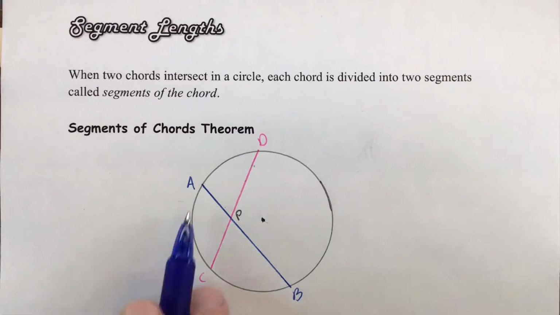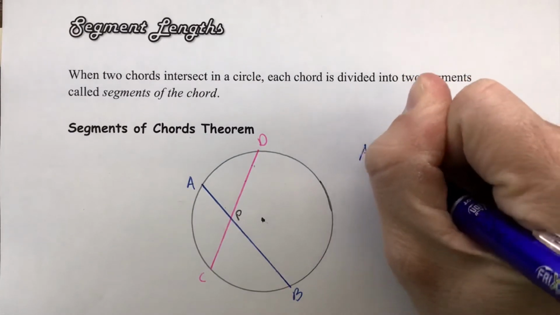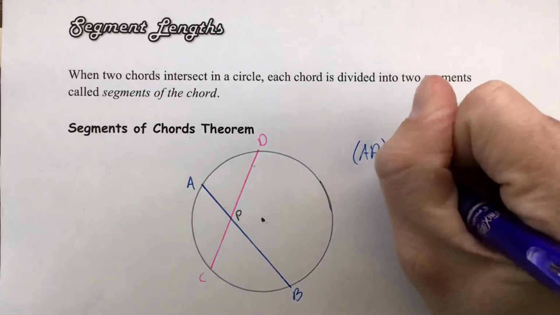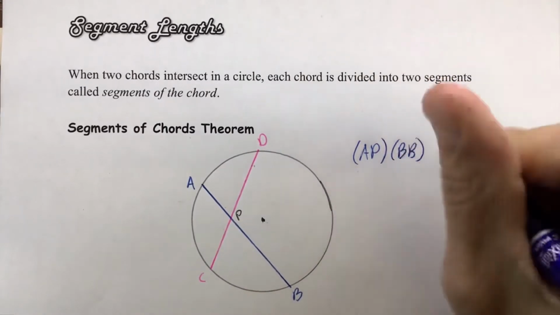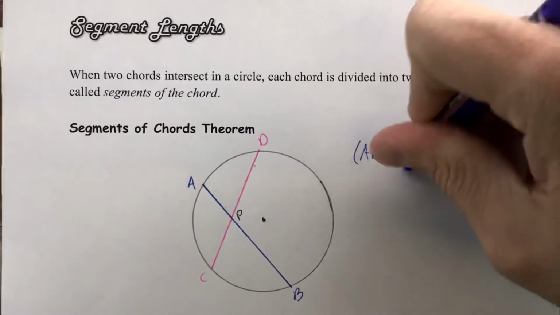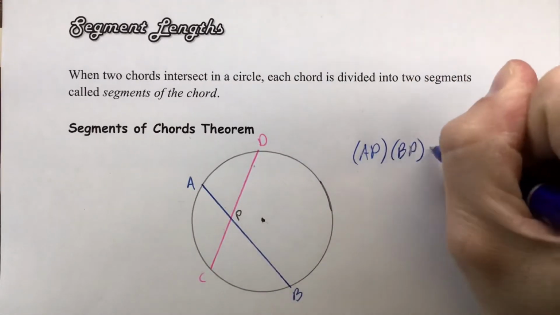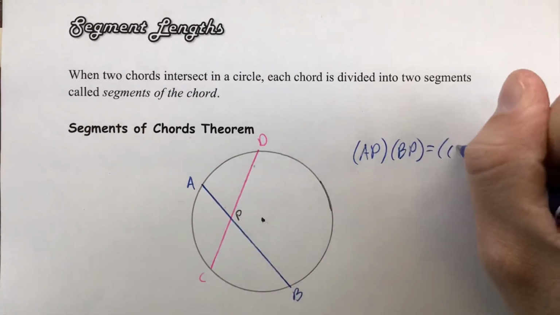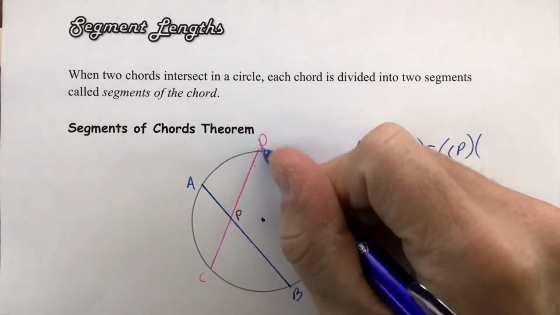All that might sound a little bit crazy, but here's what it says. If you take the length of AP and you multiply it by the other part of that chord, which is BP, it will be equivalent to CP multiplied by DP.